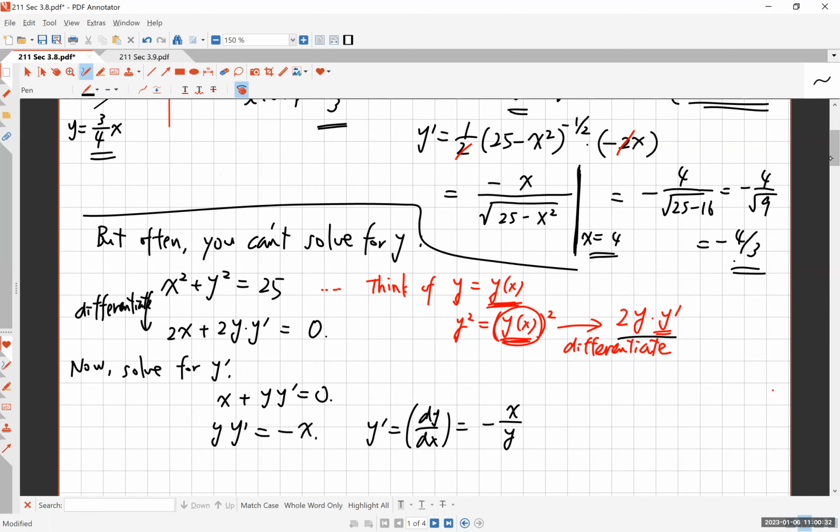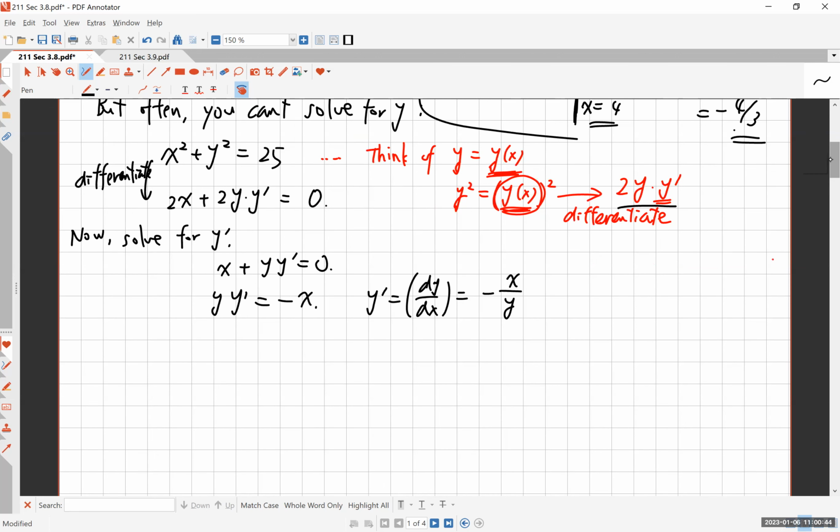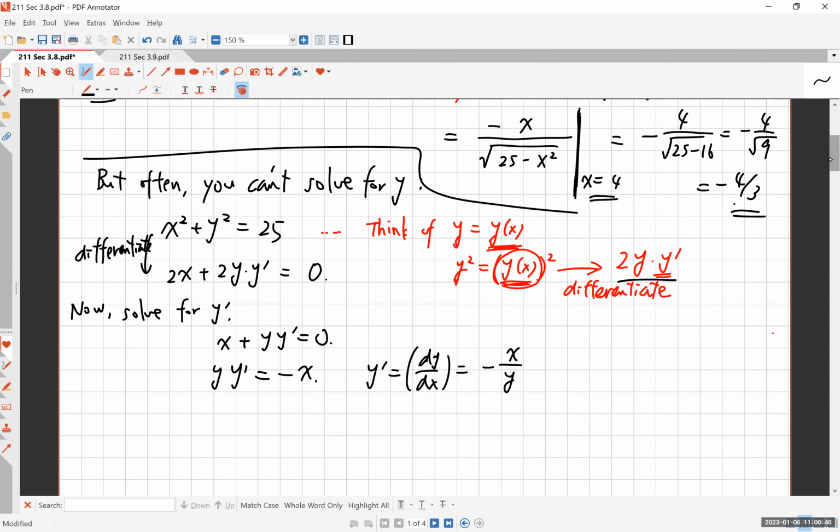And you say, well, wait, I have y in here, and I'm not supposed to have y in my derivative. Well, that's true in explicit differentiation, because everything was written as y equals a function of x. But in implicit differentiation, it's perfectly okay for the derivative expression to have y in it, because you already know what y is, right? In a case like this, y was 3.